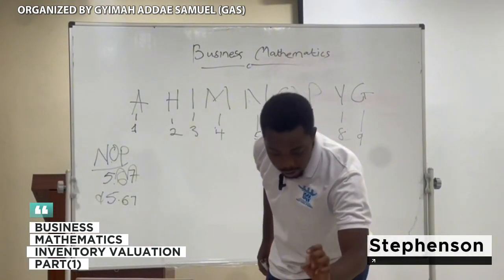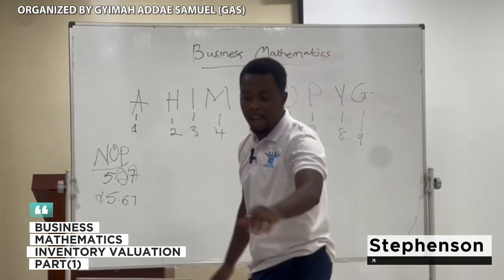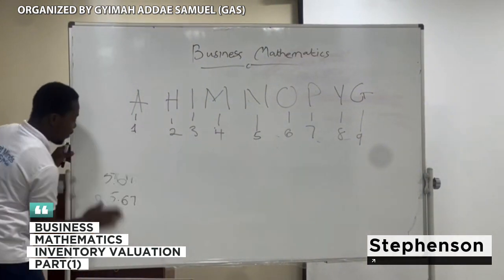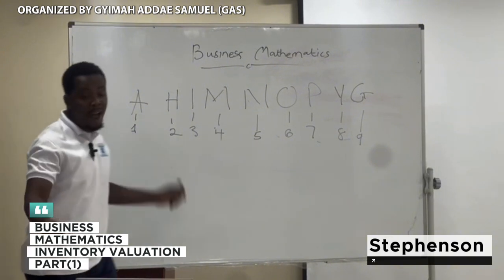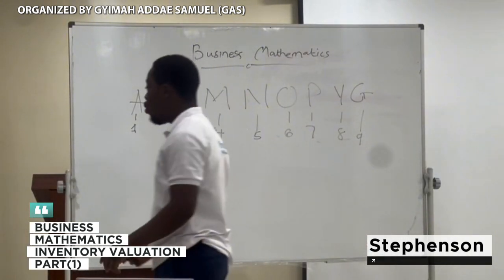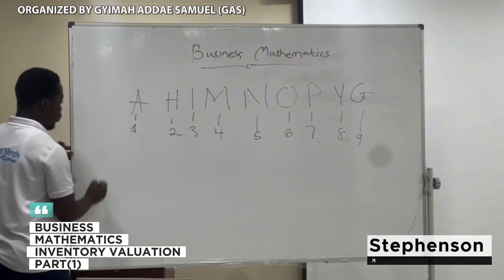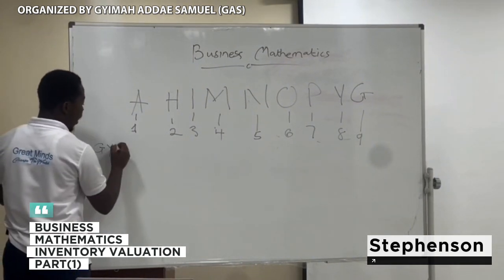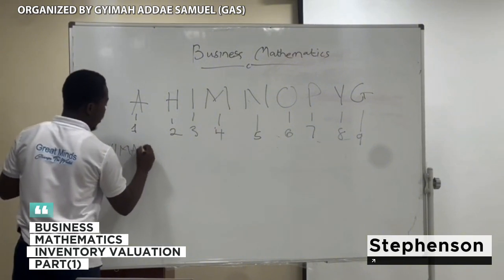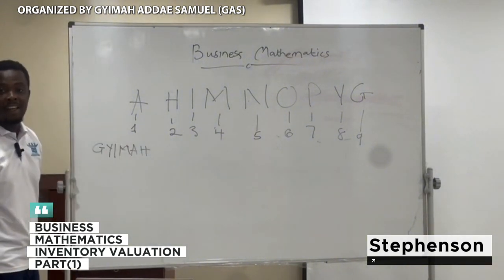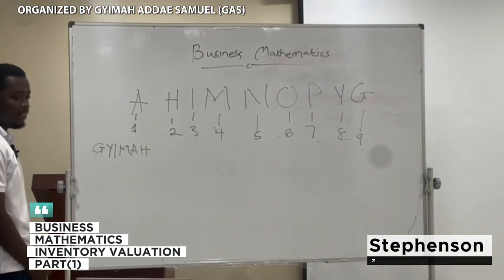Let's take another example. Let's take JYIMAH. Let's try and see if we can decode it. Let's say we have coded a product in such a way that it has the code JYIMAH, so we have G, Y, I, M, A, H. Let's try and decode this.